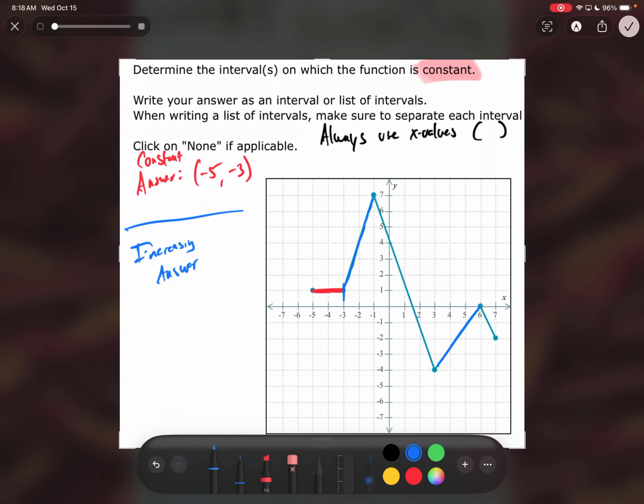So if I look at my x values, that would be from -3 to -1. And I got to do this one over here, 3 to 6. I don't care how much it's increasing or decreasing. I want to know where it is. So I use my x values.